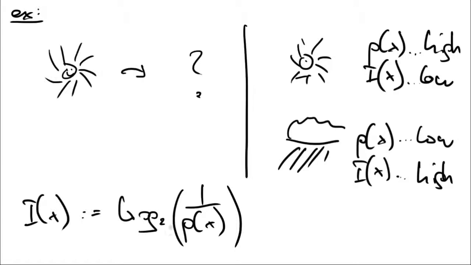And if you take a look at the example before that, if you have high probability, it means this function results in a very low value. On the other hand, if we have very low probability, then the information content is very high. So that formula seems to work pretty well for us.